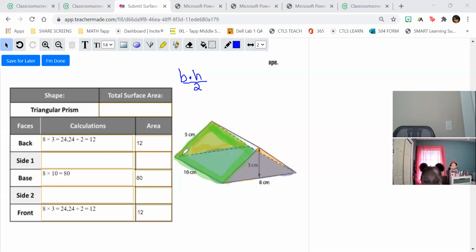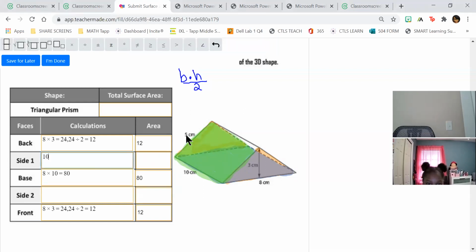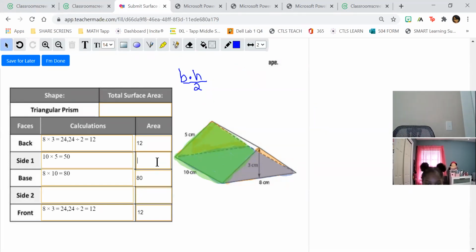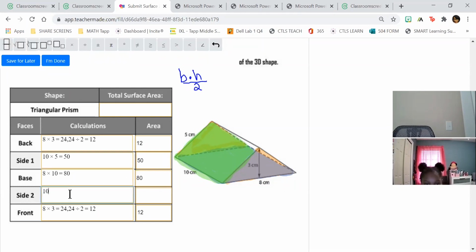All right, so we're looking at this green quadrilateral so that we can solve for its area. Looking at the base of this quadrilateral for side 1, I see that it is 10, and the height is 5. So 10 times 5 equals 50. So my area for this shape is 50. And now I know that side 2 is congruent, so that is also 10 times 5.